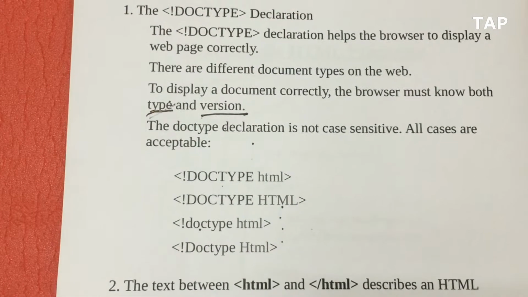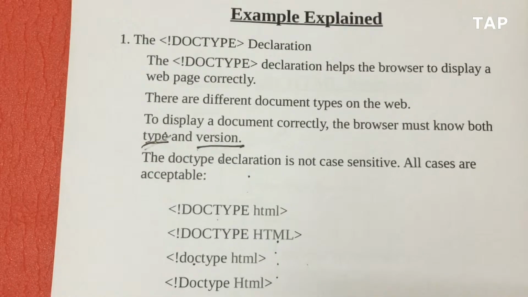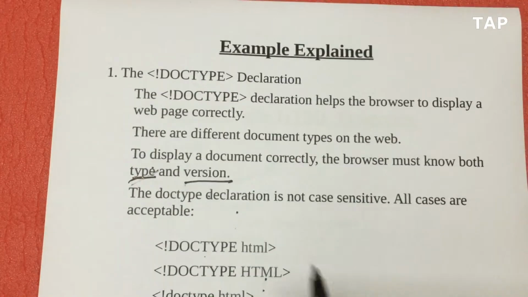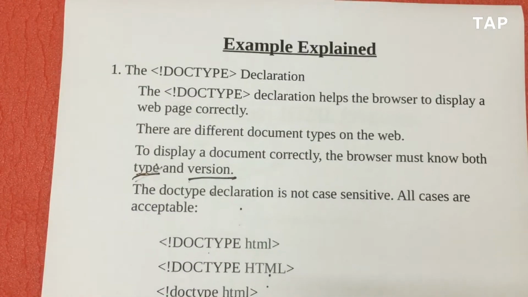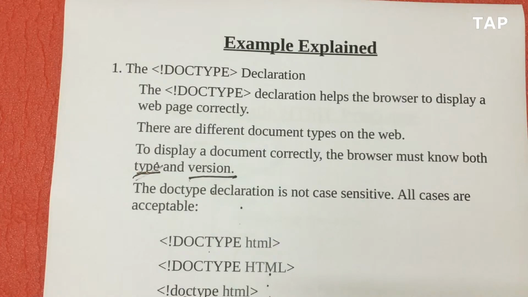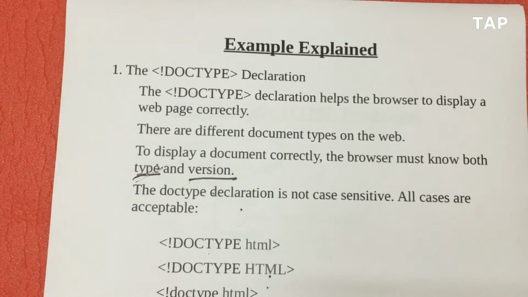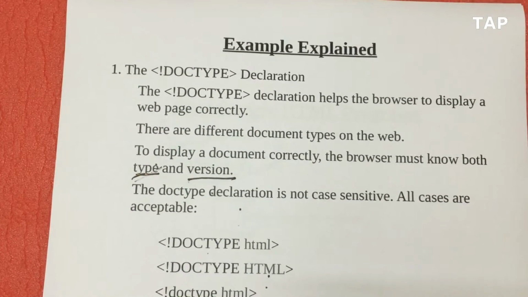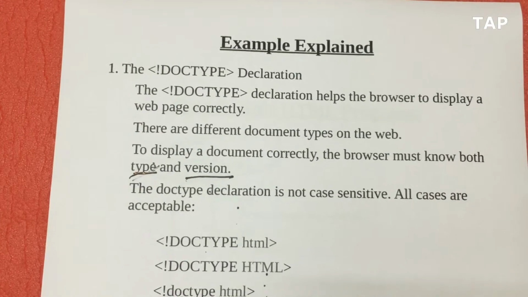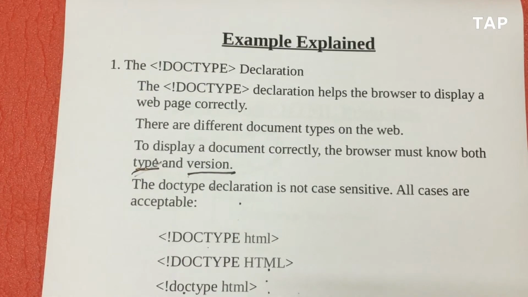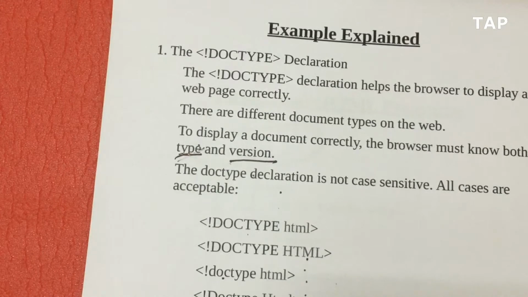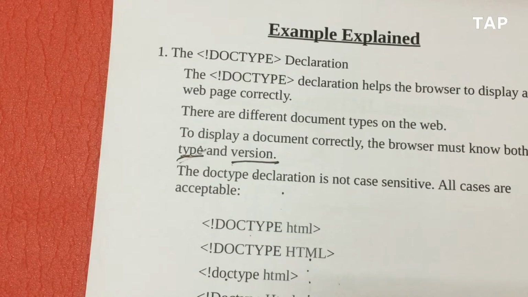For example, for HTML5 the doc type declaration is different, for HTML4 it is different. For each HTML version the declaration is different. So when you declare for HTML5, your web browser will know, okay, this is an HTML5 page which I have to run.